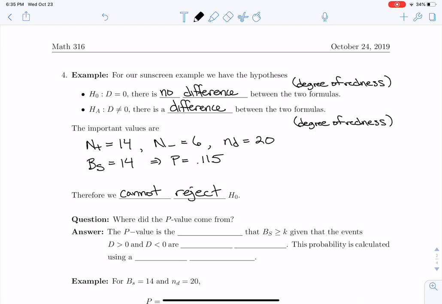Now that seems like a very simple test, but you might be asking yourself, where did this mysterious p-value come from? Well, the p-value, which we remember, is the probability that you reject the null hypothesis, given that it's true. In this case, it's the probability that the test statistic B sub s is bigger than or equal to k, given that the events that the differences are greater than 0 or the differences are less than 0 are equally likely.